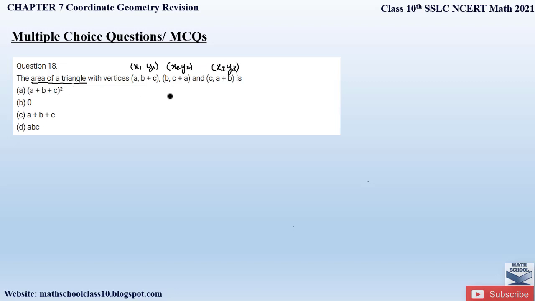We will find out the area of the triangle by using the formula which is given by half into x1 (y2 minus y3) plus x2 (y3 minus y1) plus x3 (y1 minus y2).